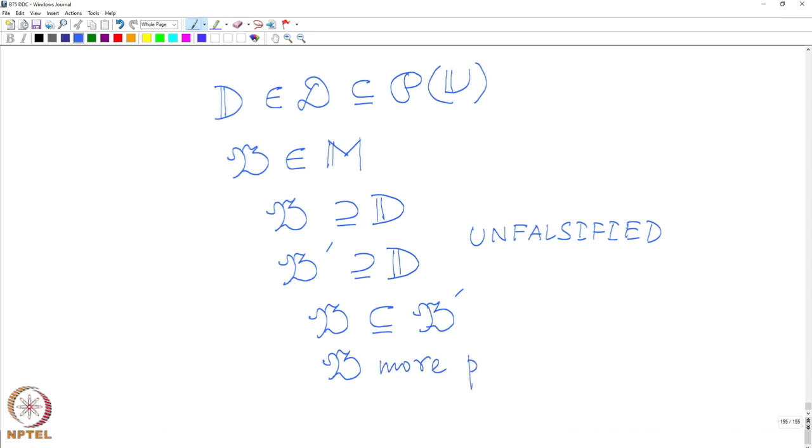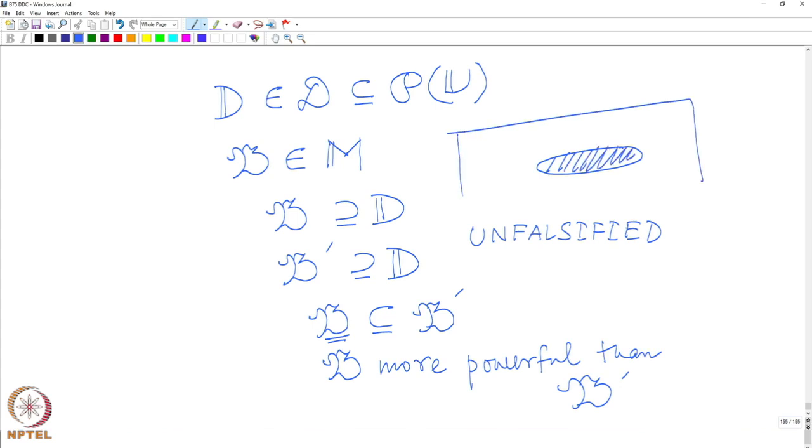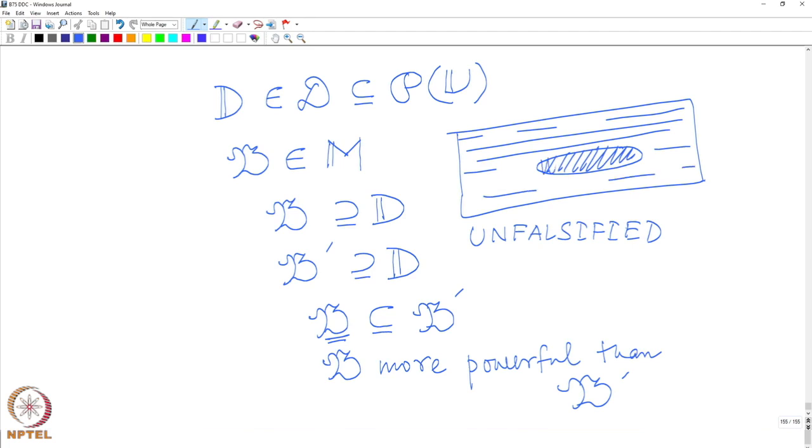More powerful. Why do we say this, an apparent conflict in the nomenclature, that when B is smaller it is more powerful? Because smaller is more powerful means that it is a better model. If there is some data, this is the set, and the model that explains it is suppose this set, that means there are so many other phenomena that also are allowed by the model than the data that was there.